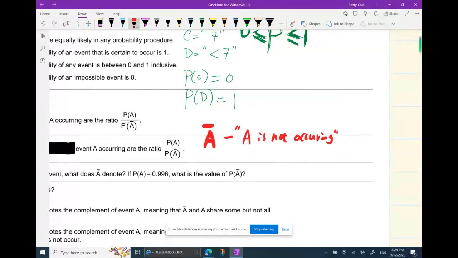For example, if we roll a die, if A is getting an even number, what is A bar?